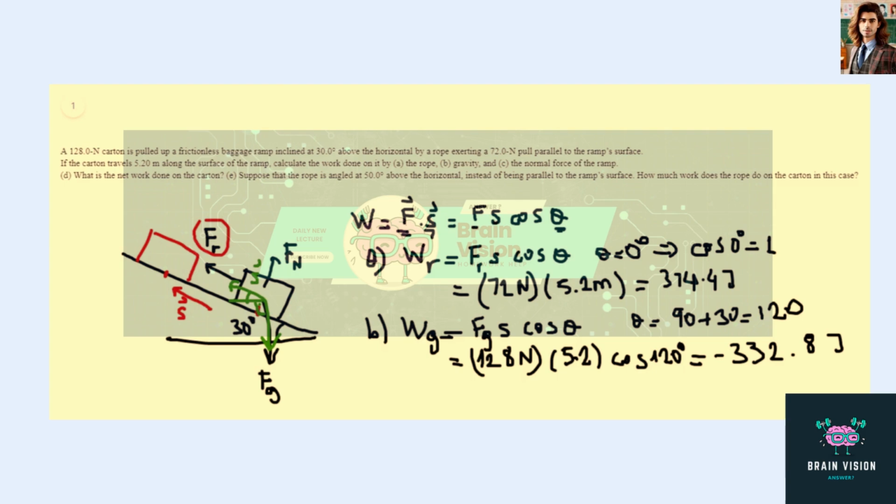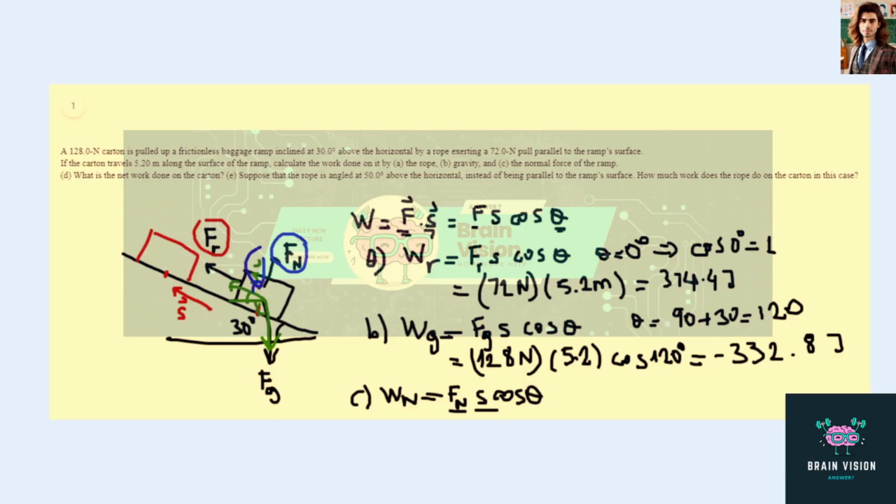In part C, we are to calculate the work done by the normal force. Again, the normal force times the magnitude of the displacement vector times the cosine of the angle between these two vectors. If we look at the free body diagram, this is the normal force, and this is the direction of the displacement vector.